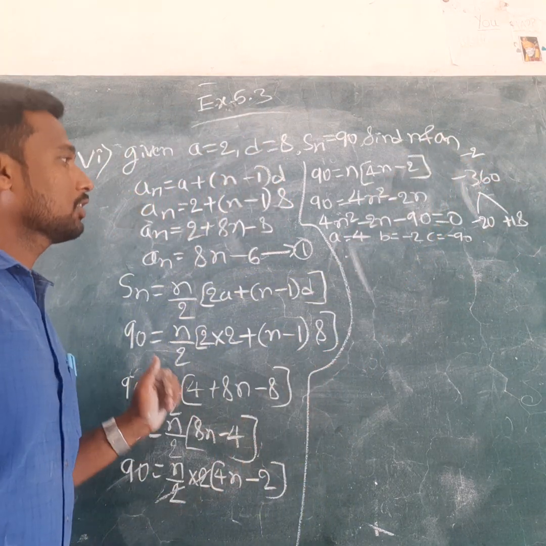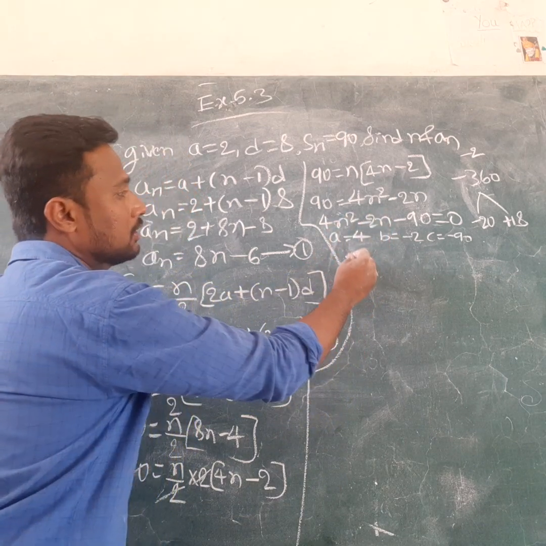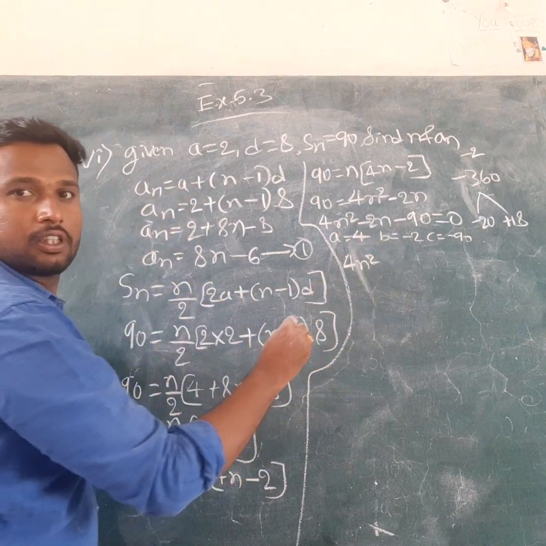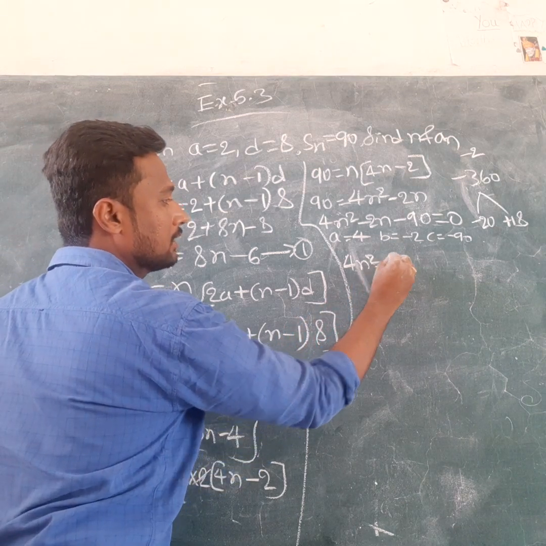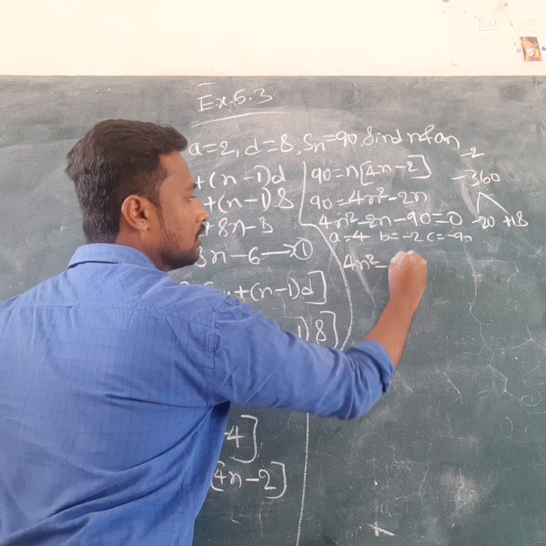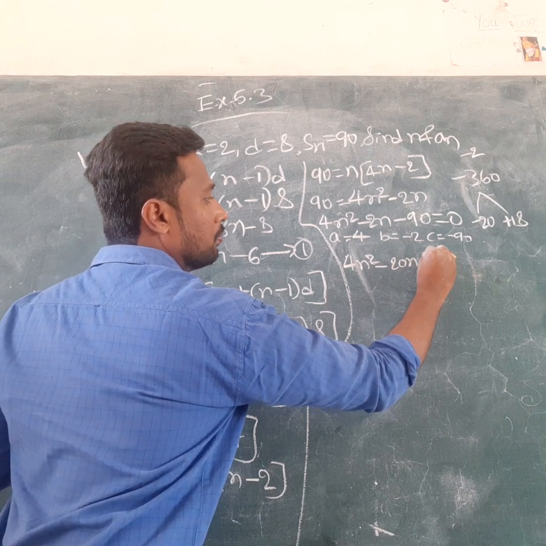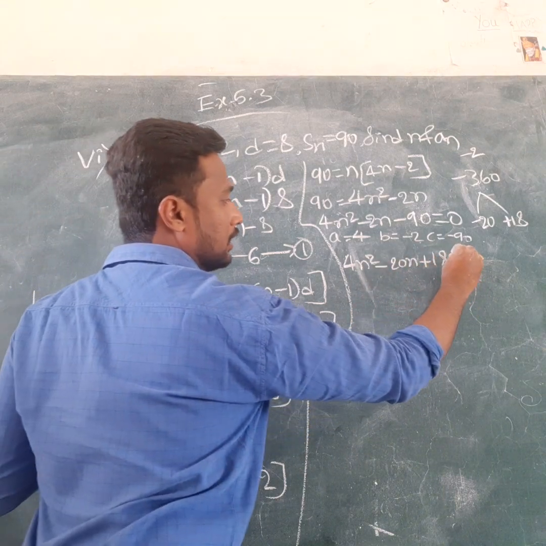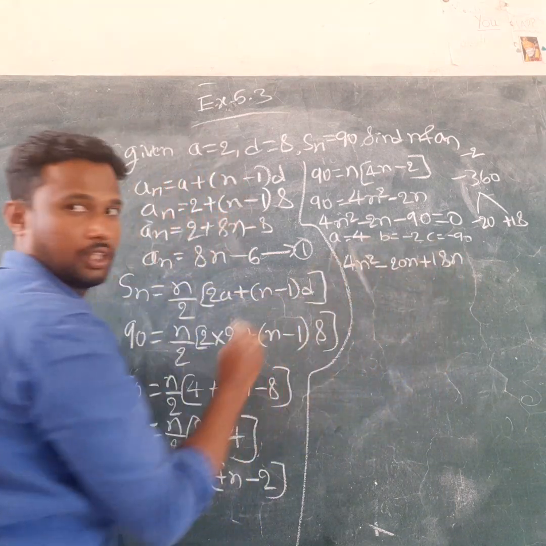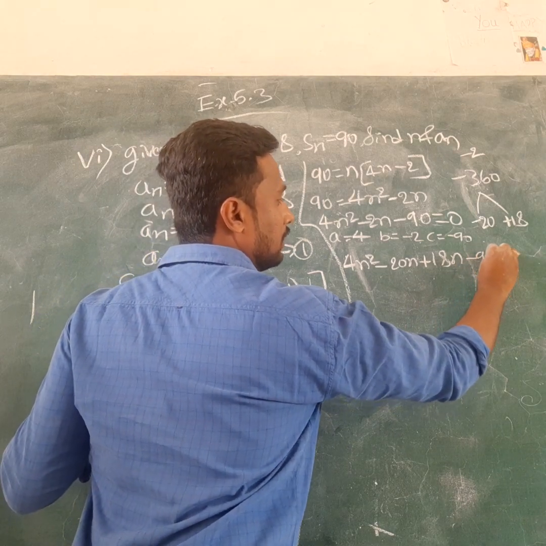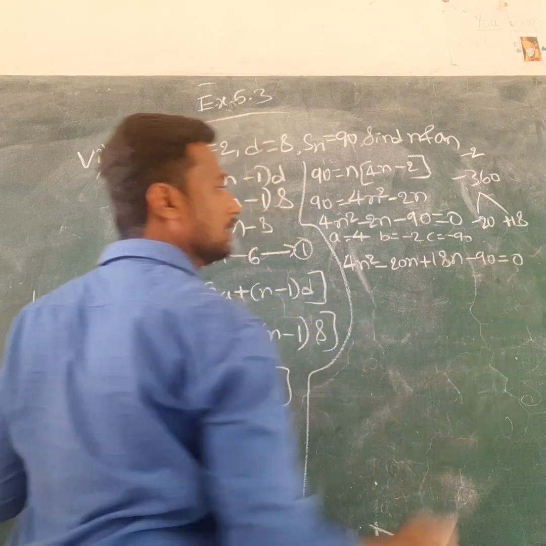So the equation becomes 4n square minus 20n plus 18n minus 90 is equal to 0.